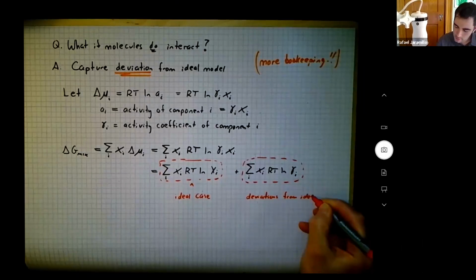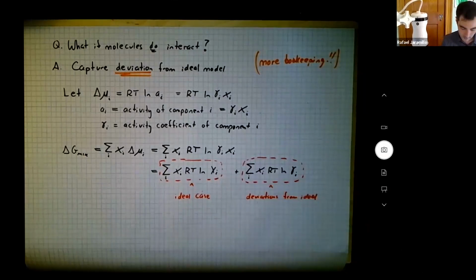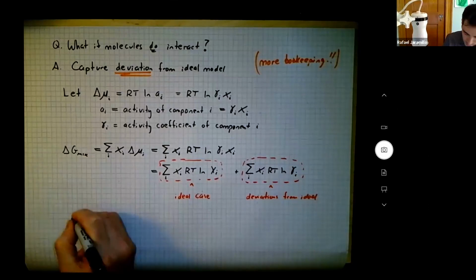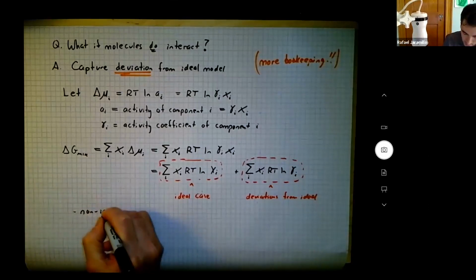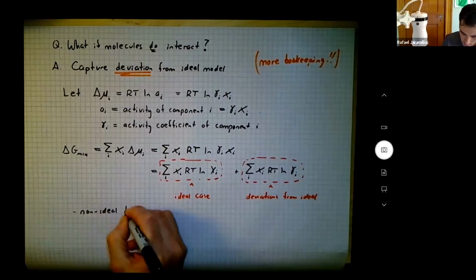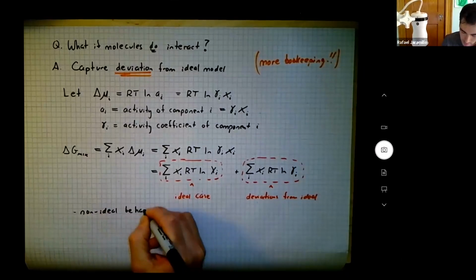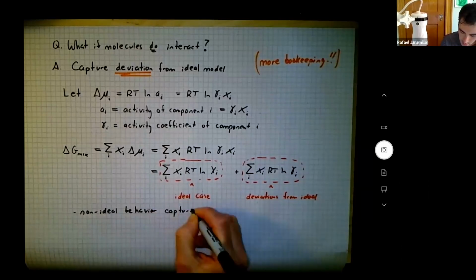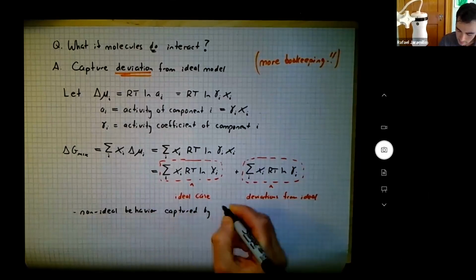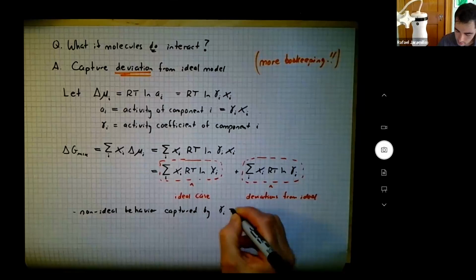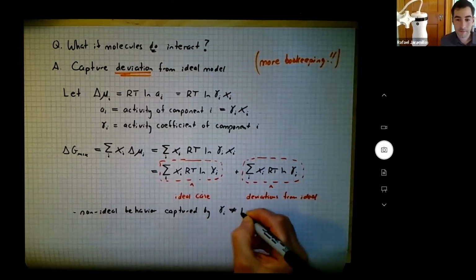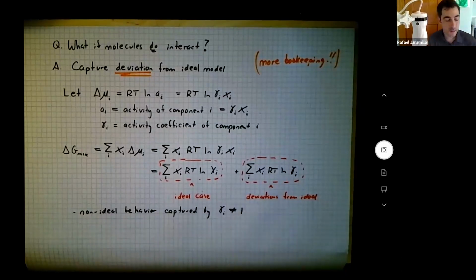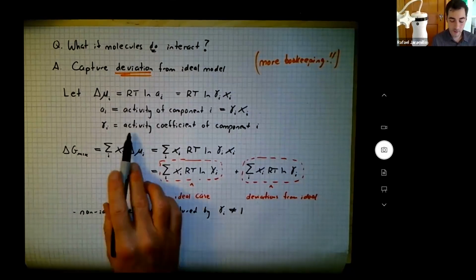Deviation from ideal. And we can see that non-ideal behavior is captured by gamma_i not equal to 1. So if you have ideal solution, ideal behavior, the activity coefficients of all the components is 1.